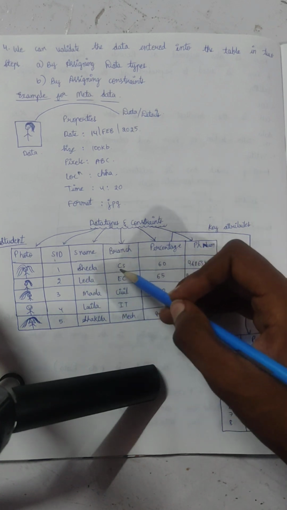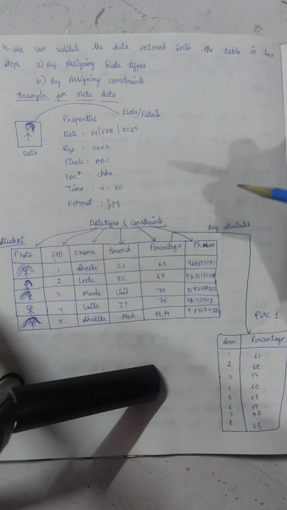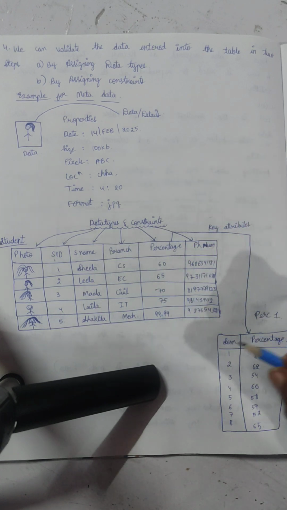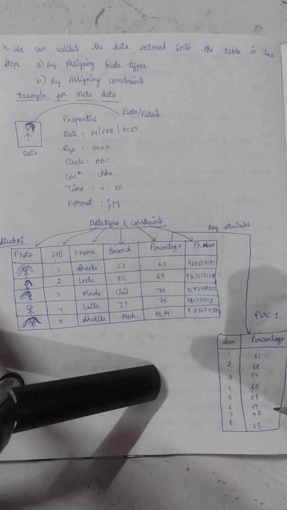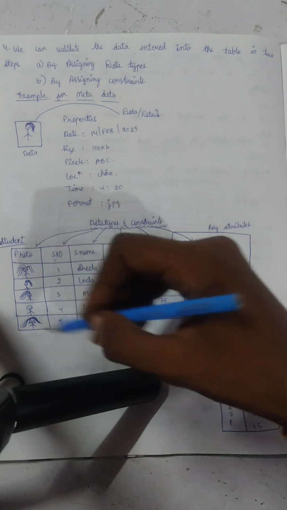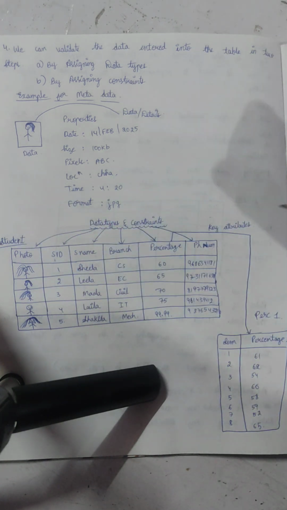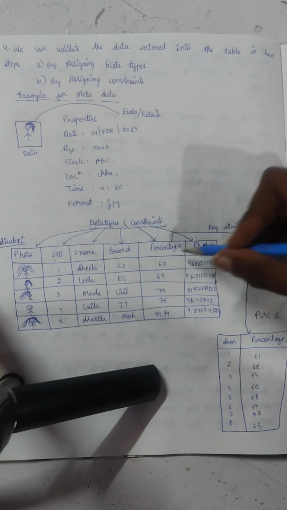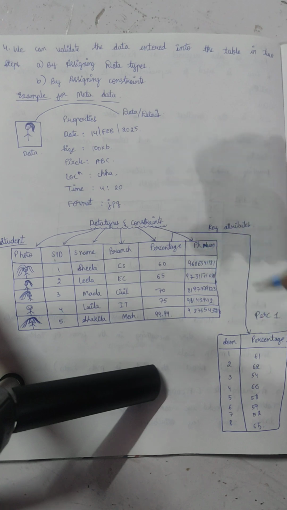For example, Sheila has semester-wise percentages, as I discussed here, semester 1 2 3 4 5 6 7 8, and the percentages are represented here. The 2 tables have a common attribute, so we can make a connection. Here this table is called percentage 1, and this table is called student. The common attributes are known as key attributes.